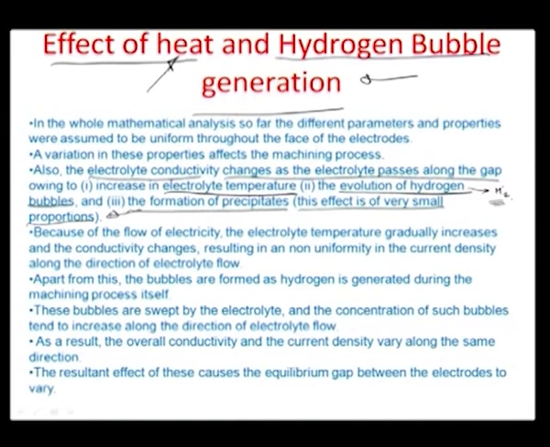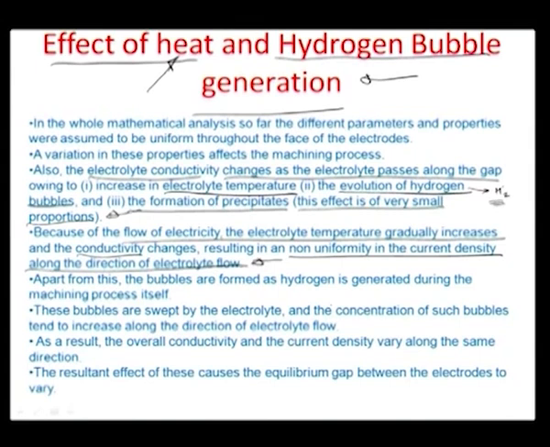Also, because of the flow of electricity, as we have already seen, electrolyte temperature gradually increases, and because of the change in conductivity there is a non-uniformity in the current density along the direction of the electrolyte flow. As the temperature is higher, the current density does not really remain the same, it keeps on changing as the temperature of the electrolyte changes.